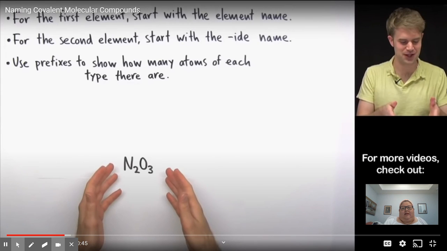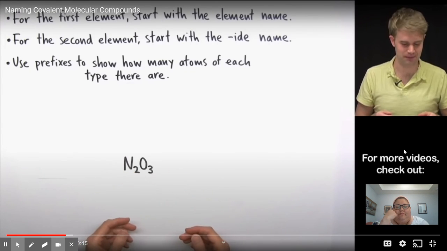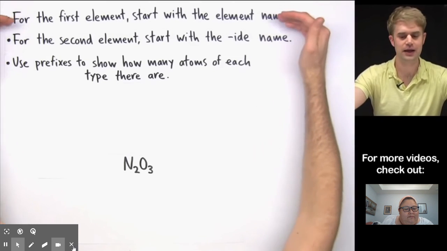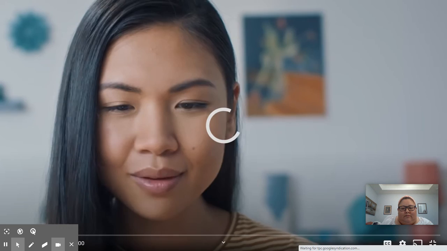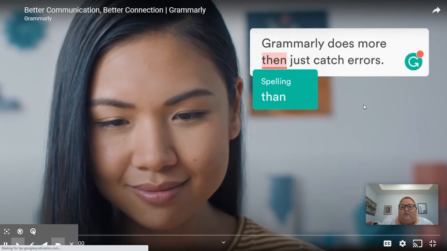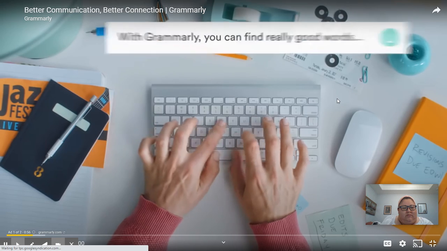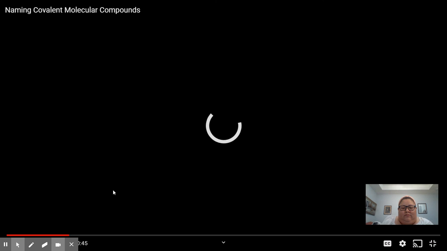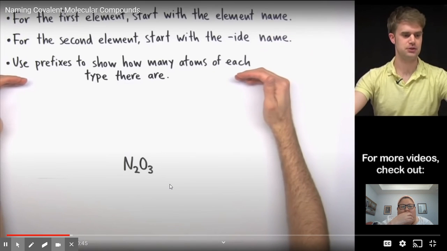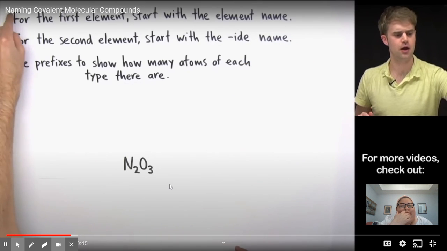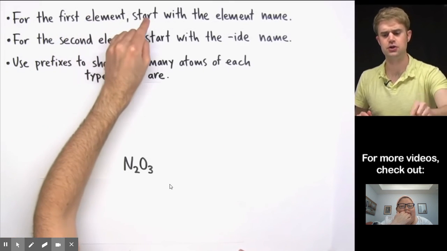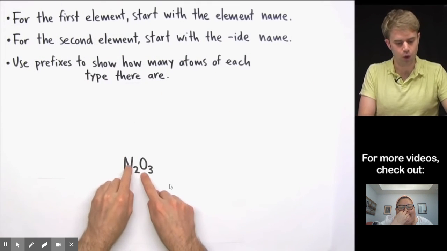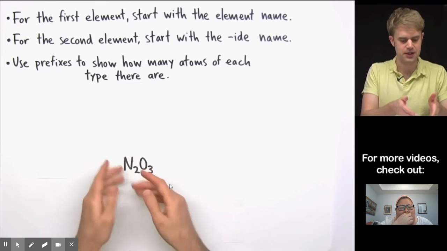Okay, here's our first chemical formula, N2O3. It's made of two nonmetals. We're going to write a name for it following these steps. So, here's the first one. It says for the first element, start with the element name. When I'm talking about the first element, I'm talking about the order that these elements are in this chemical formula.